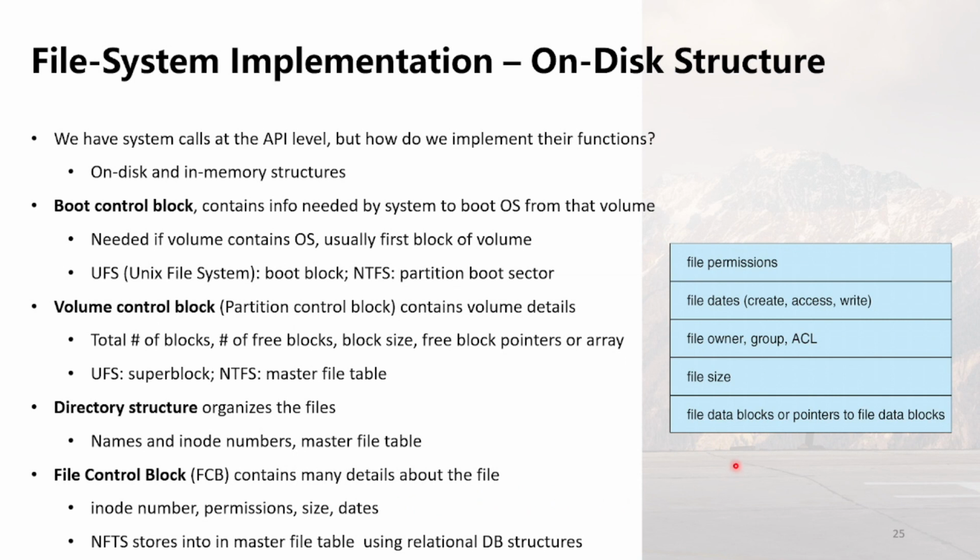As shown in the right figure, the FCB includes file permissions, creation time, modification time, access time, owner, group, access control list, file size, and information on which blocks the file is stored in. These are basic and common attributes of a file.